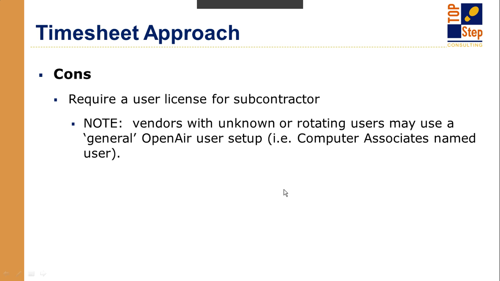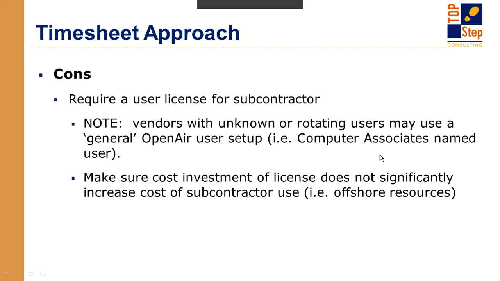So for example, if you work with Computer Associates, you could have Computer Associates as your named user, or you could have 3 Computer Associates users, 1, 2, and 3, and then whoever happens to work on your projects can log in as one of those and enter time. So you don't have to necessarily have a license for each subcontractor.